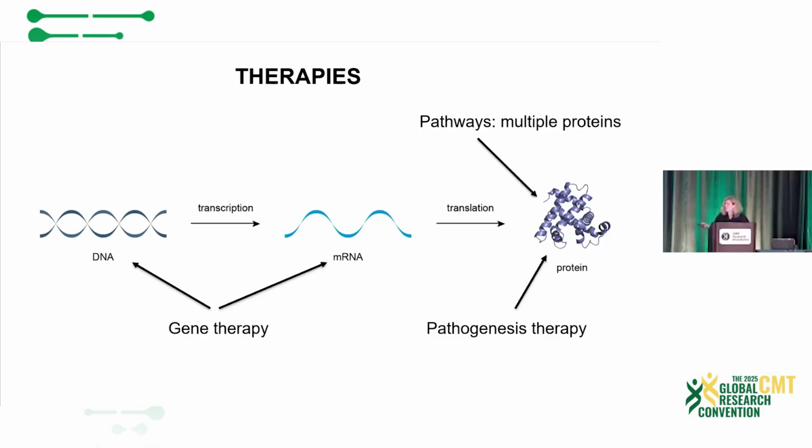You can have gene therapies, which are really very exciting. It almost doesn't matter what disease you have, you can develop therapies that work at the RNA level or at the DNA level. Or you can have pathway therapies. Doesn't matter what type of CMT, do we have therapies that can treat nerves? Imagine if we had therapies that could treat nerves and it didn't matter what type you had.